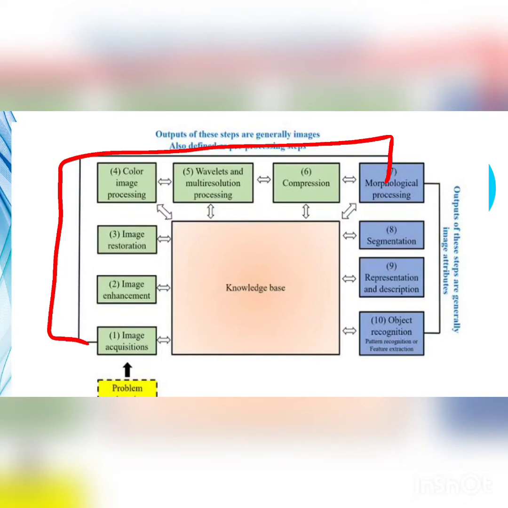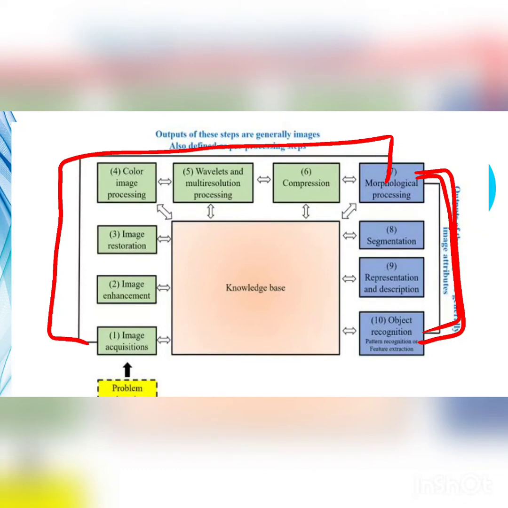But from morphological processing to object recognition, these steps input an image but produce an output as attributes extracted from that image. That is the thing we have to note from this concept.